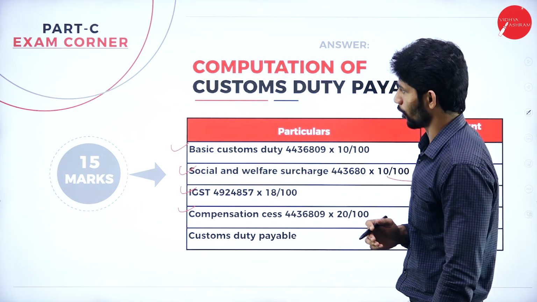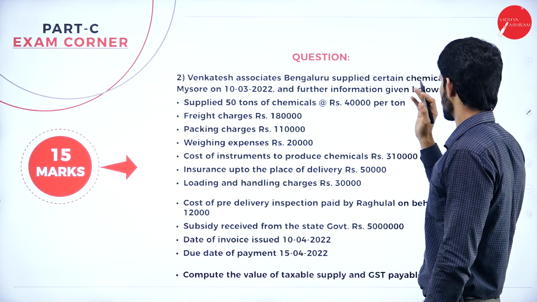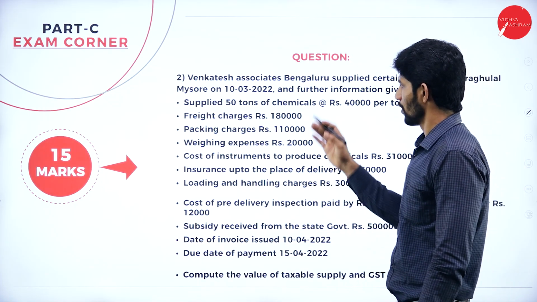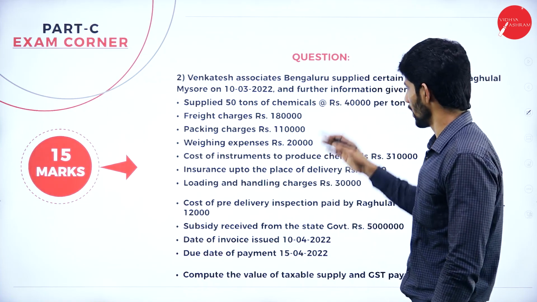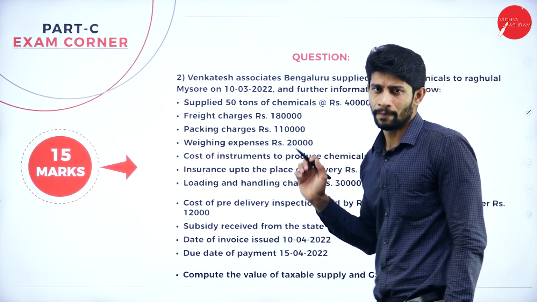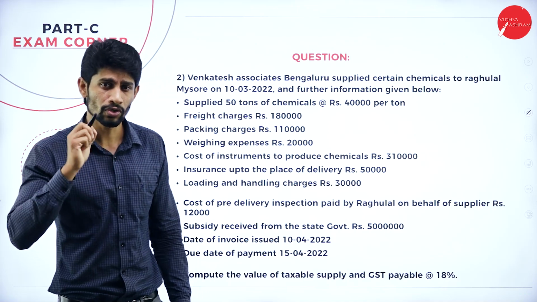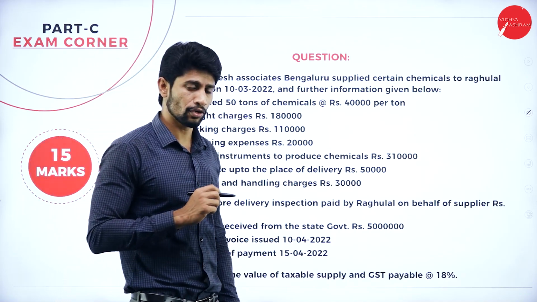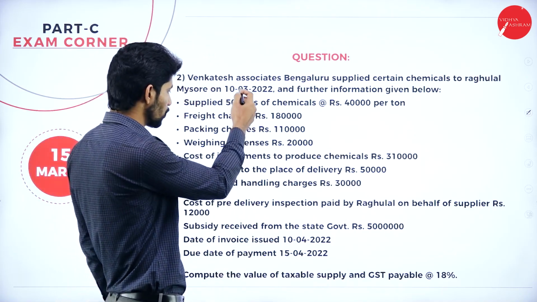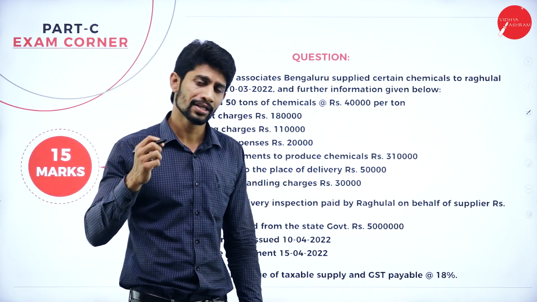Moving on to the second problem in part C. Venkatesh Associates Bangalore supplied certain chemicals to Ragulal Mysore on 10/3/2022 and further information is given below. This is with respect to computation of taxable value of supply. He will be giving you some information relating to a particular supply and you are supposed to find out the taxable value.